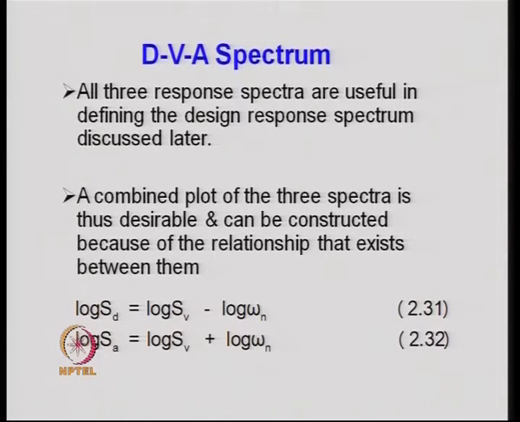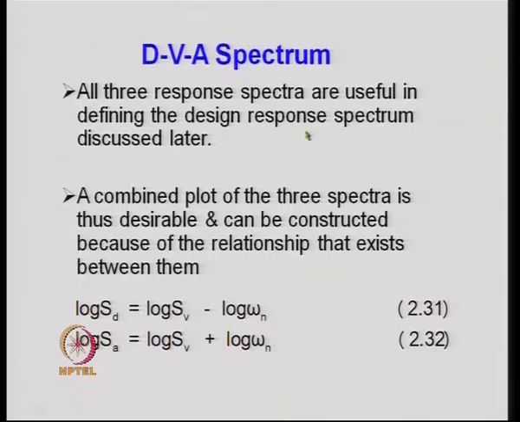Now, DVA spectrum forms the basis for defining the shape of the design spectrum that is used in different codes all over the world. All the three spectrums are useful in defining the design response spectrum, which we will discuss later.